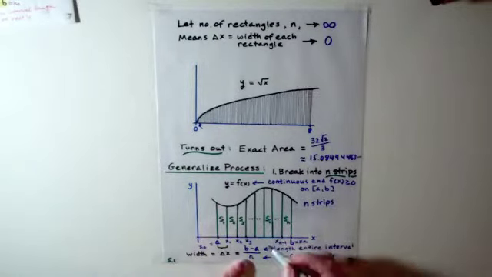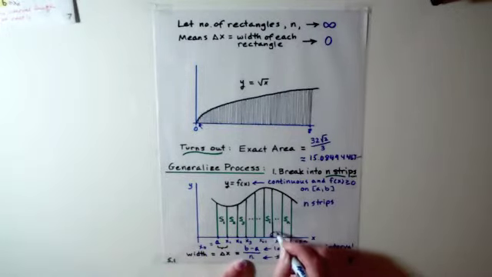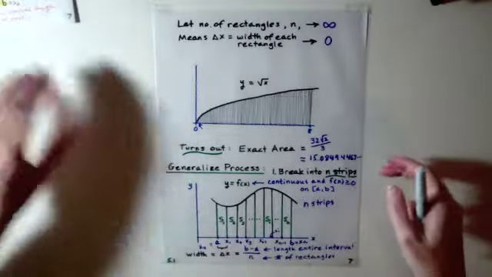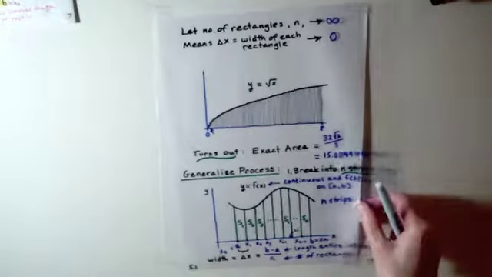And if you want to, you can write down the x values for the right and left-hand endpoint of that as well. It will start at x sub i minus 1 and go up to x sub i. That's kind of a tiny picture there, so let's go to the next page where I have a bigger picture and it'll be a little bit easier to see those different subscripts. So I'll repeat that on the next page.